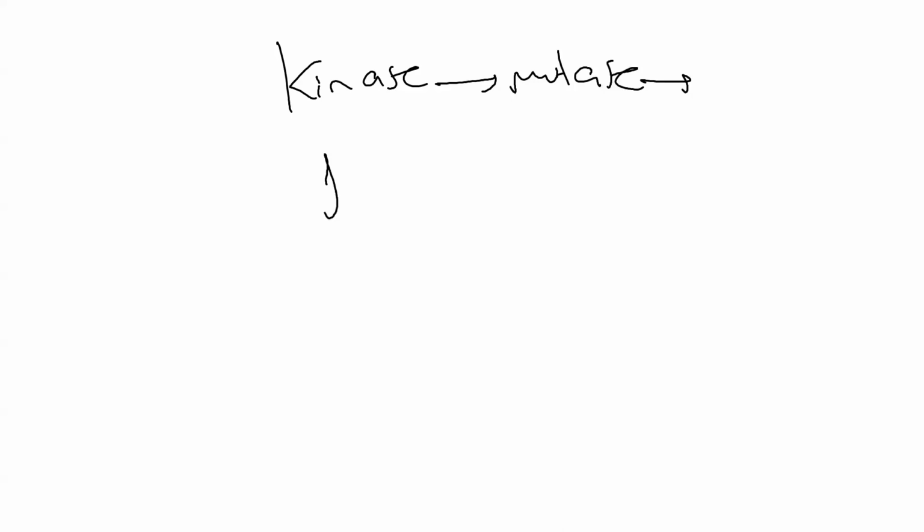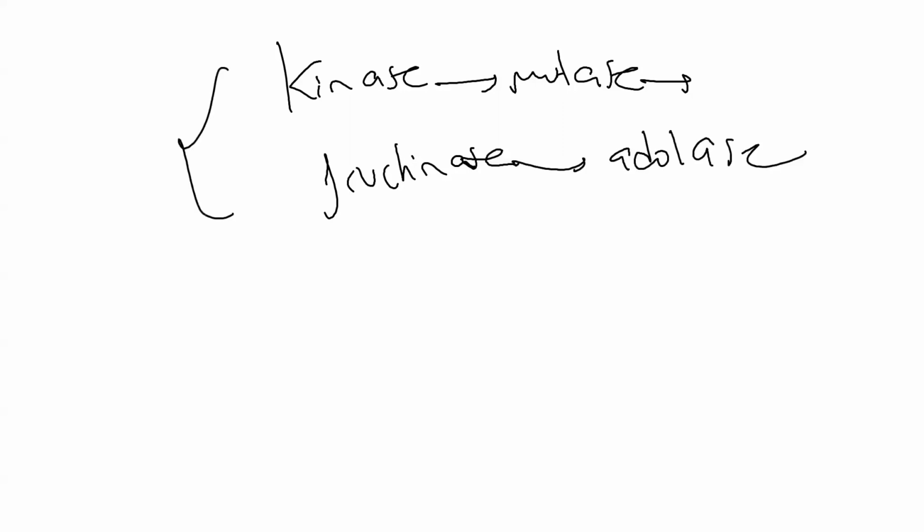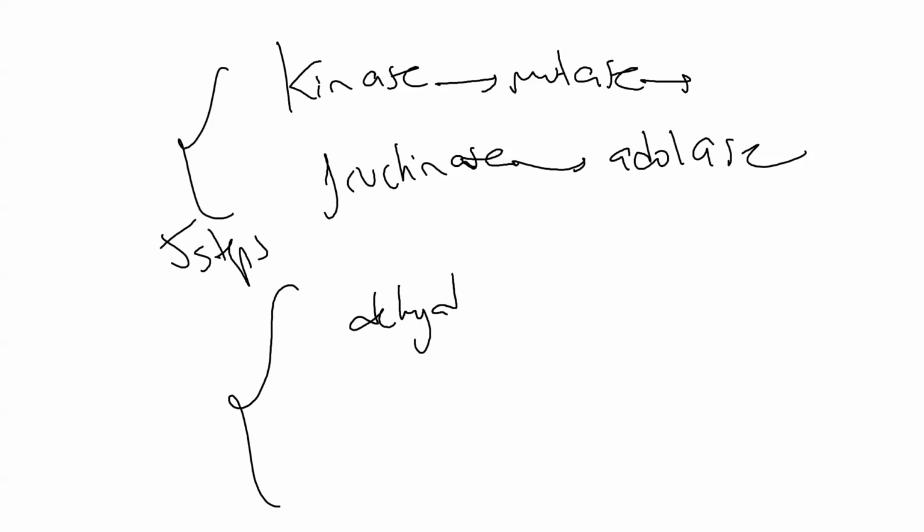So remember this cycle: kinase, mutase, fructokinase, aldolase. This is the first 5 steps. For the other steps, you have dehydrogenase, and then kinase, same cycle again, mutase.